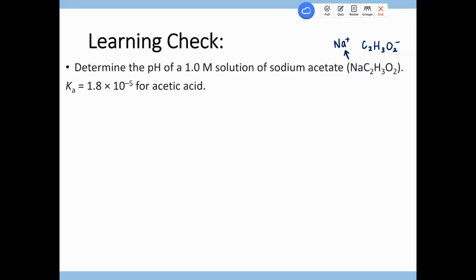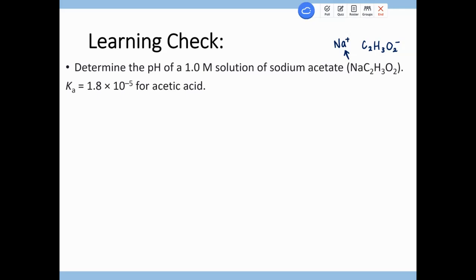So this is a 1 molar solution of sodium acetate. We're determining the pH. So to determine pH, we need concentration of either H3O plus or OH minus to eventually get to pH. So if we have sodium acetate in solution, what does that look like to you?